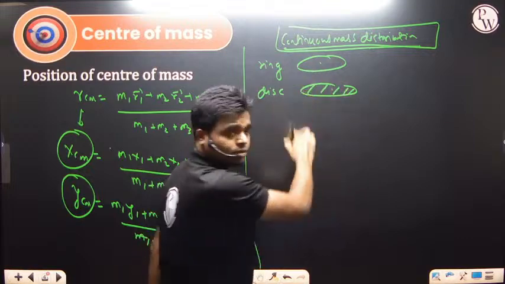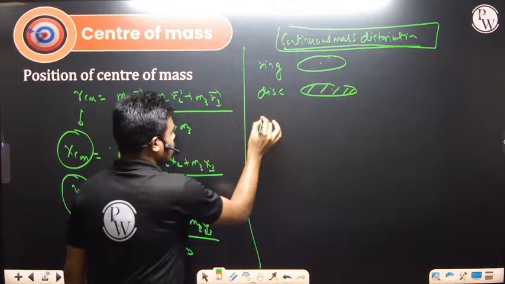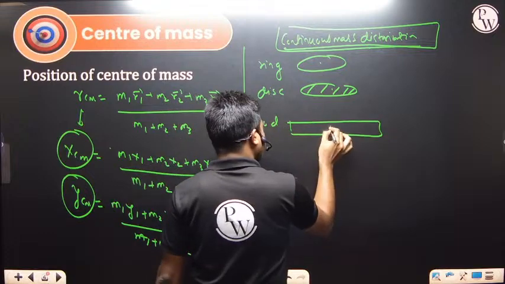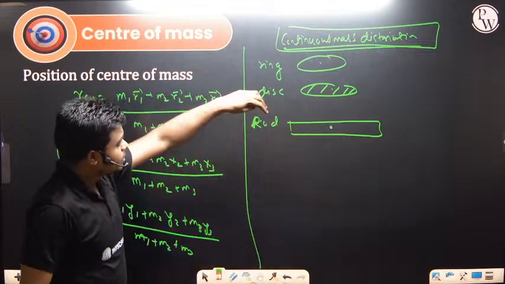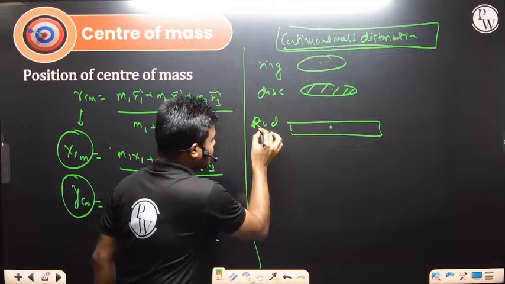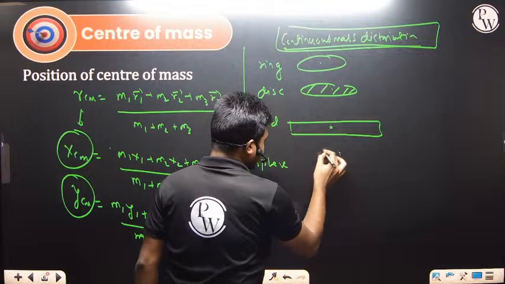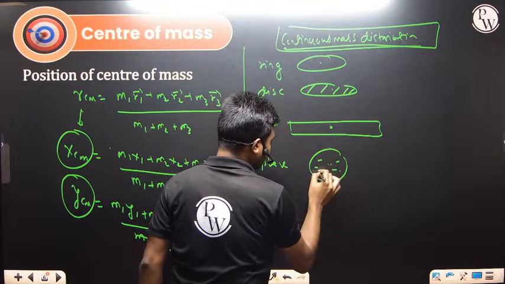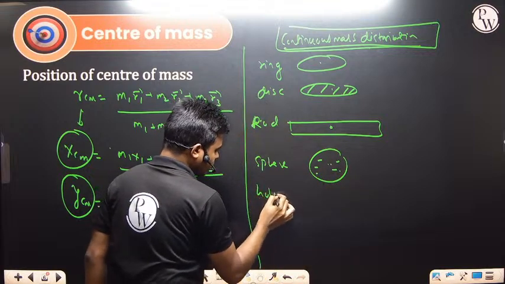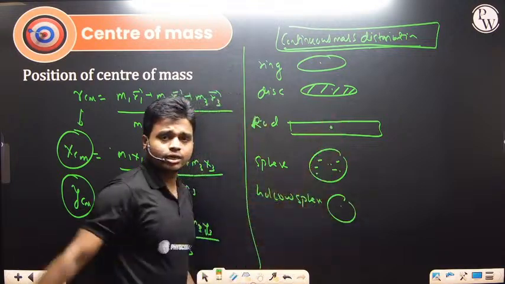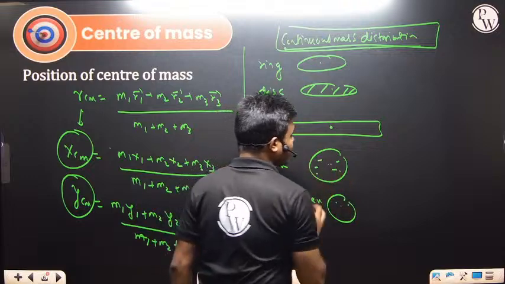For a disk, exactly at the center. For a rod, also exactly at the center. For a solid sphere, exactly at the center, and even for a hollow sphere, the center of mass is at the center.